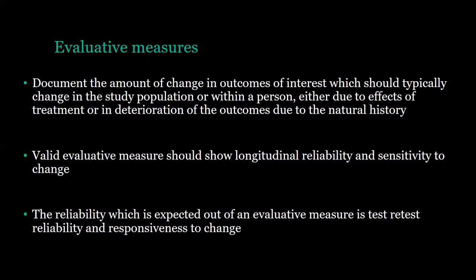These measures are valid and they should show longitudinal reliability and sensitivity to change. The reliability which is expected out of an evaluative measure is test-retest reliability and responsiveness to change.